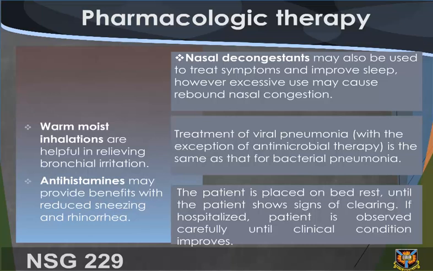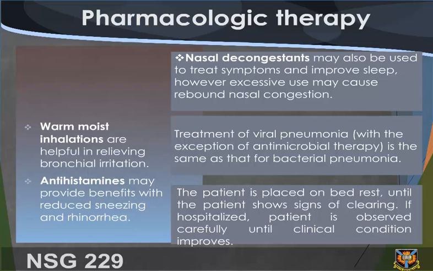Nasal decongestants may also be used to treat symptoms and improve sleep. However, excessive use may cause rebound nasal congestion. Treatment of viral pneumonia, with the exception of antimicrobial therapy, is the same as that for bacterial pneumonia.